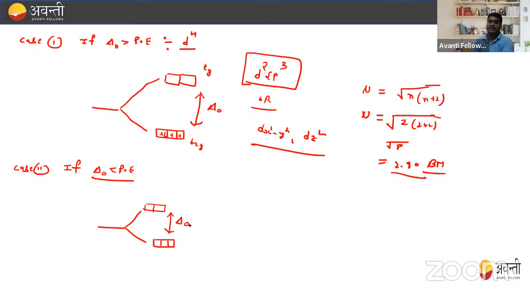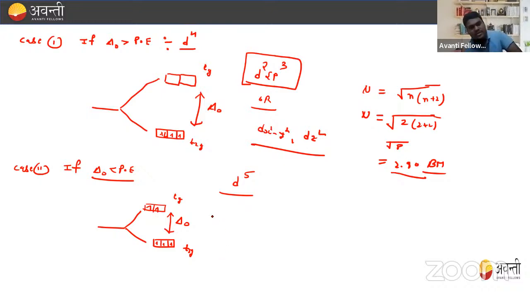So if the splitting is less, then how will you fill the 5 electrons? The first electron 1, 2, 3. The fourth electron, whether it goes into the T2G or EG, depends upon the splitting energy. Here, the splitting energy is less. So the fourth electron obviously fills in the upper level, and that is 4 and 5. Right. So this is how we can fill.